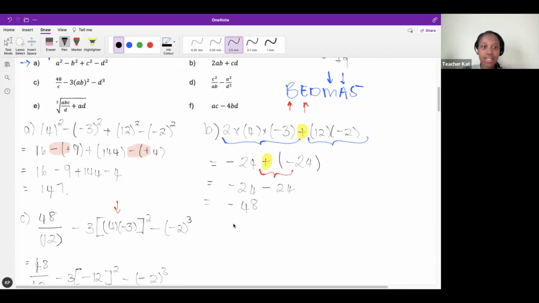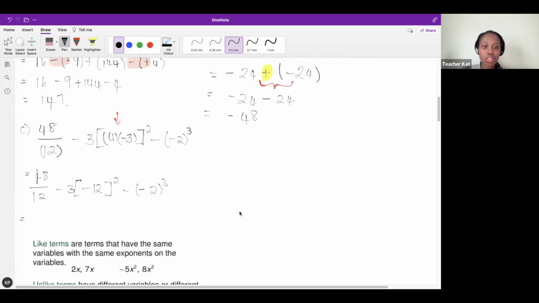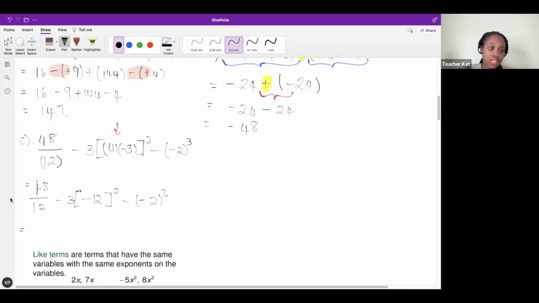Before division, it is exponents. We have a lot of exponents over here, right? So I'm going to rewrite my division as is, 48 over 12 minus 3. Now, I have a negative 12 all squared. What is a negative 12 all squared? My negative is inside the bracket.